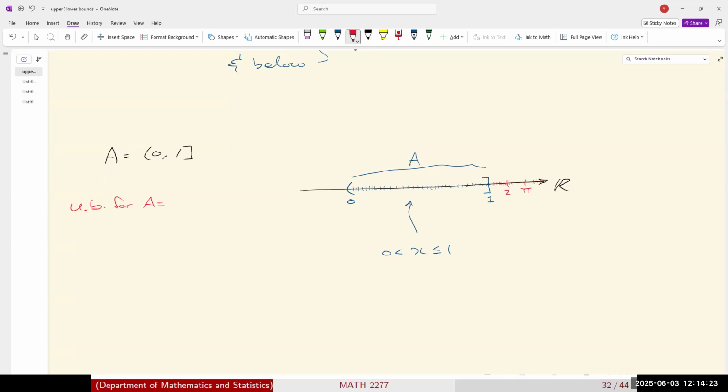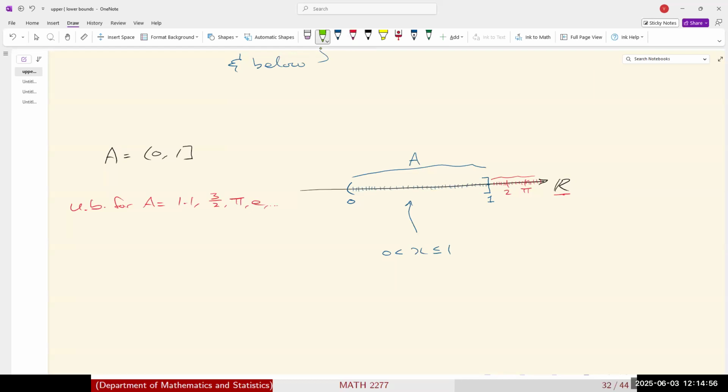So the upper bounds, since we are in the real numbers, means you are either rational, irrational, integer, whole number, fraction, any of those. So you could pick any of those, right? So all of these are upper bounds. So upper bounds, for example, any number bigger than 1, so maybe 1.1, 3/2, pi, right? E, okay, any of those numbers will work.